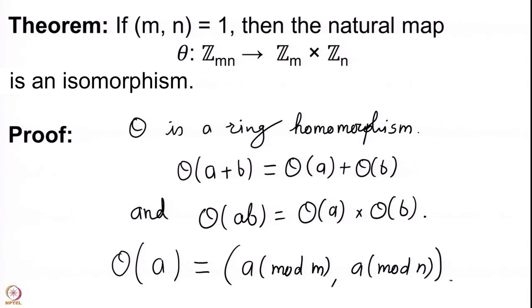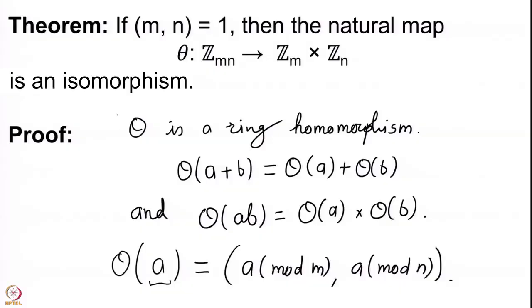There is also the small thing of showing that theta is well defined, because here I start with a residue class of A modulo mn, and the same residue class may be given by another element B. So, you will have to show that when A is congruent to B modulo mn, A is congruent to B modulo m, and A is congruent to B modulo n. This is a simple checking, but it needs to be done, or you should at least spare a few seconds to think about this. It is important. So, the takeaway from this slide is that theta is a ring homomorphism.